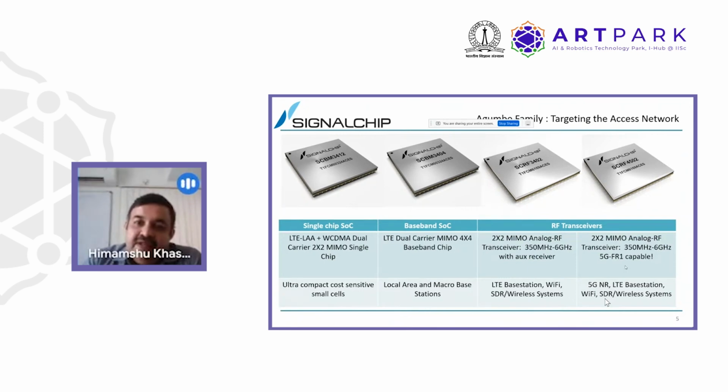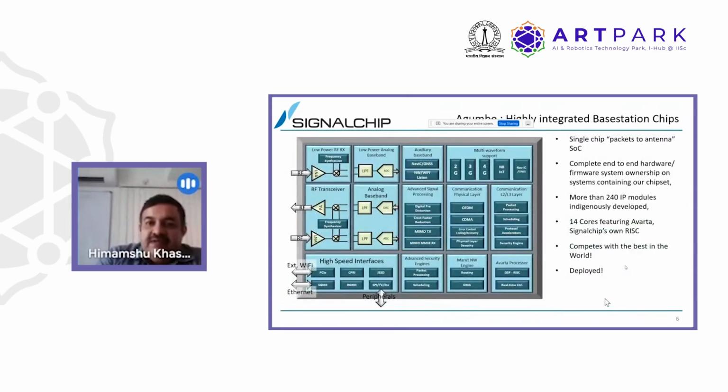And then there are 2 RF chips, 3402, which is a 4G RF chip, and 4502, which is a 5G FR1 RF chip. These represent the first and the only chips from India for 4G, 5G, and all of these are currently working in systems. And we are working on further chips for 5G, which I'll briefly touch upon a little later.